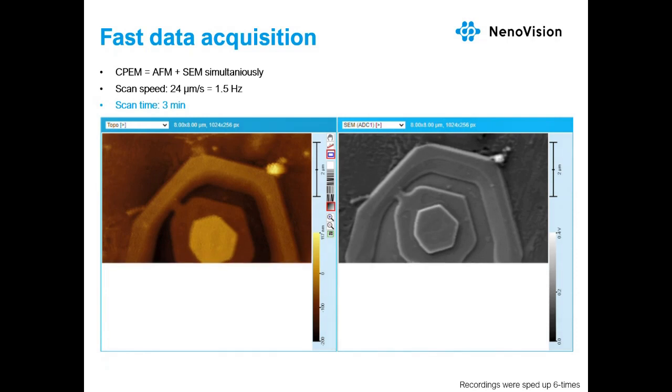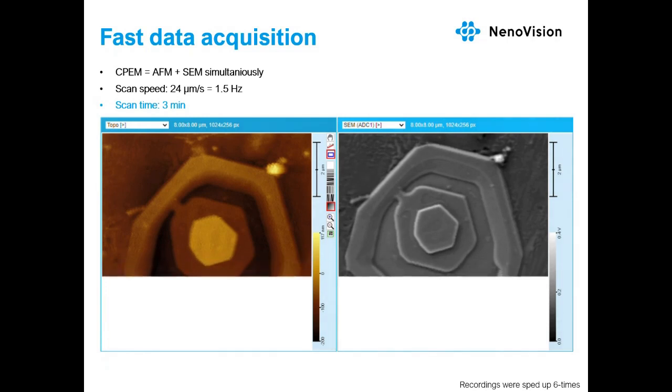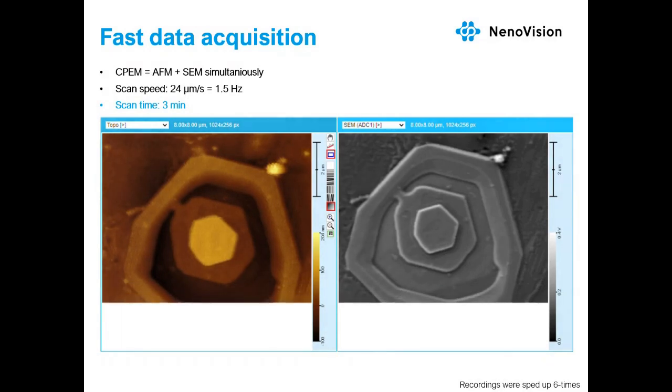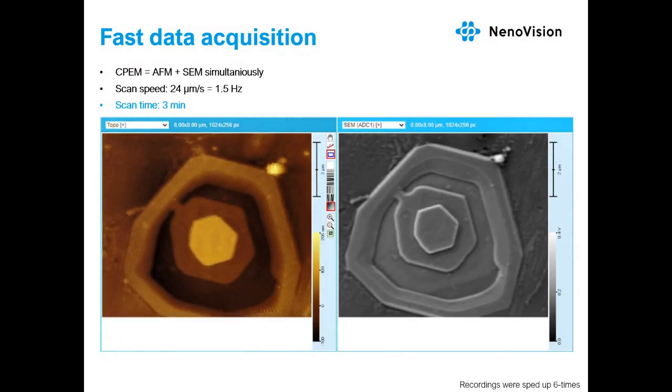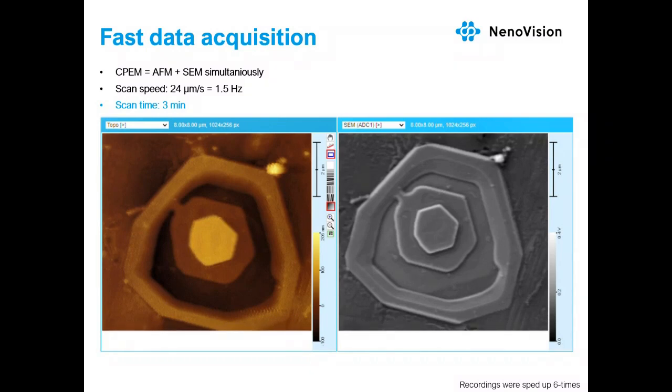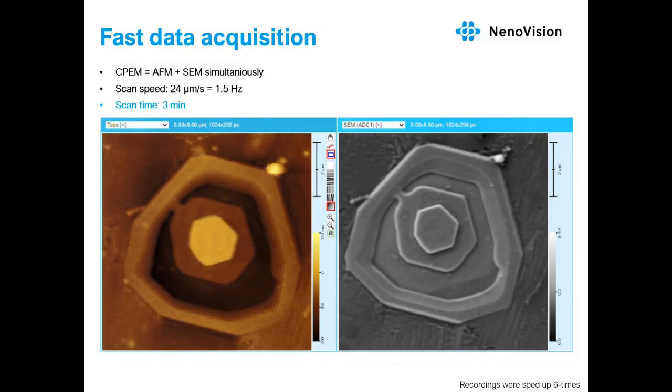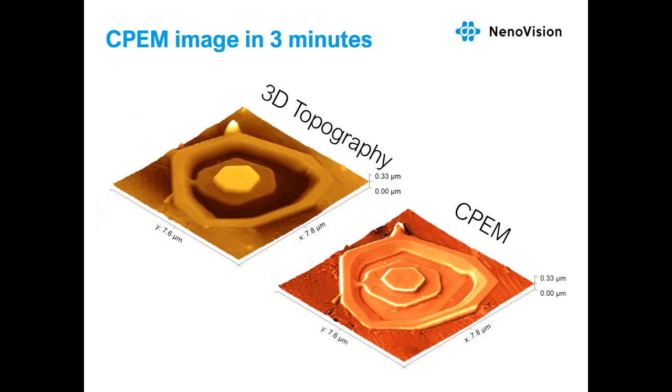There are just 2 signals, but it can be many more, as you know from my previous slides. Within 3 minutes, you get the correlative imaging, which enables you to correlate everything from the 3D topography to CPEM quickly and with high quality.